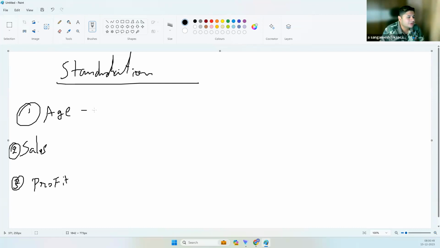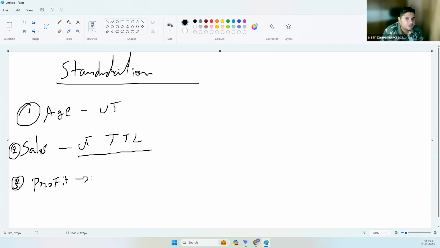No one will be 150 or 5,000 years old, right? Similarly, sales might be 1 rupee, units, tens, 1,000, 10,000, lakhs. All the units will be available here.